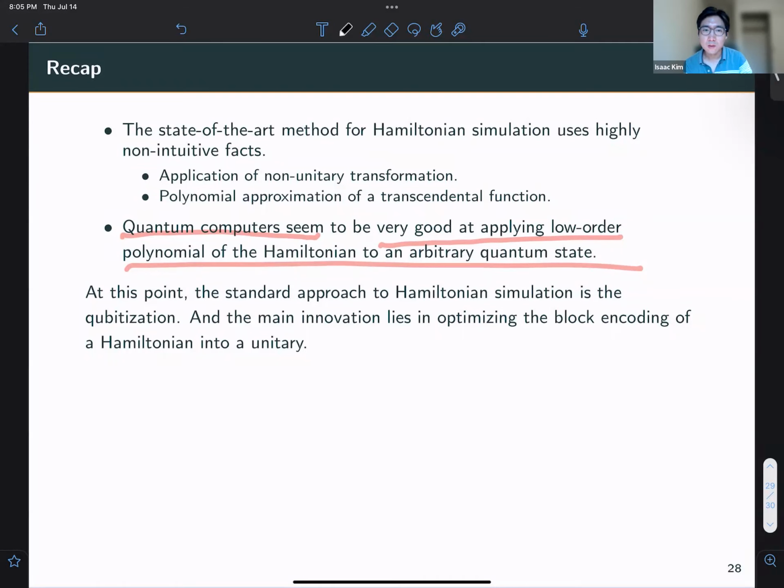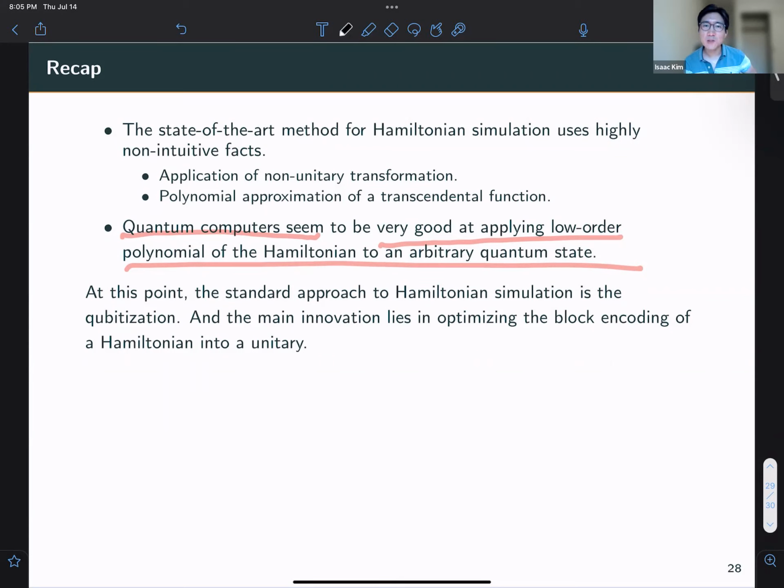And the best method for ground state preparation is based on quantum phase estimation, which is based on Hamiltonian simulation. I guess that would be one application.